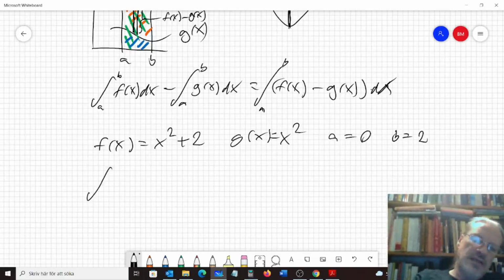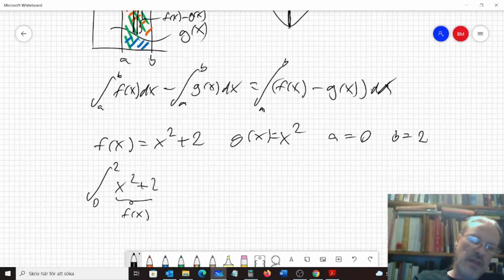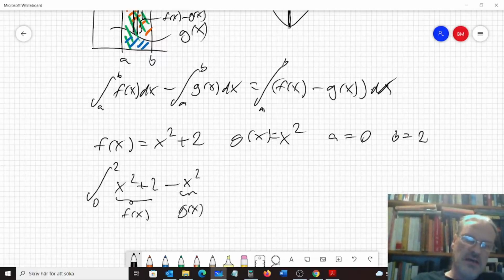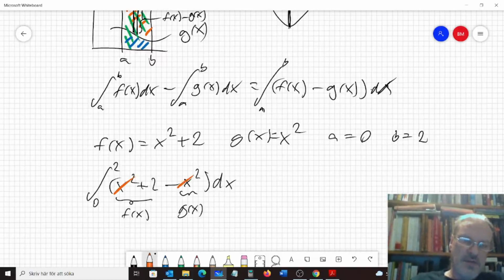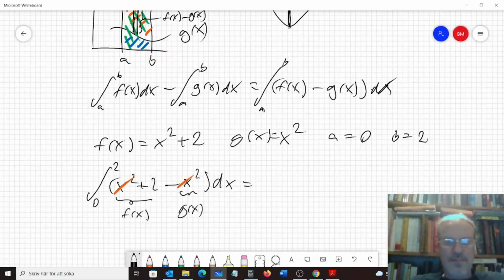Okay, so we get the integral from 0 to 2 of the first function, x squared plus 2, that is our f of x, minus the second function, that is g of x, that is x squared, with respect to x. We can see here that the x squared and x squared happen to cancel. So we get the integral from 0 to 2 of just 2 dx.